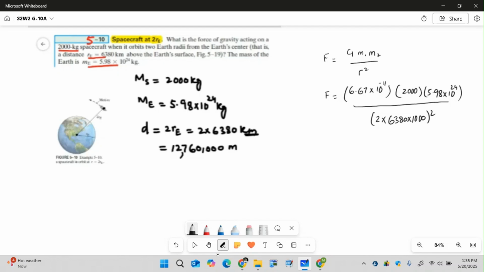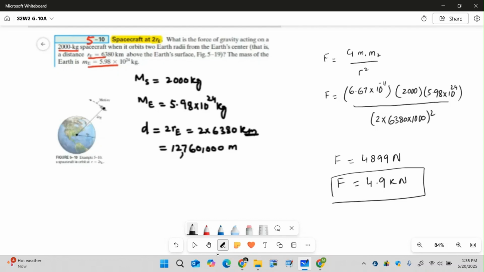So what I got is 4,899 Newton, and we can round it to F is equal to 4.9 thousand newtons, or kilonewtons. That can be approximated to 5,000 newtons.